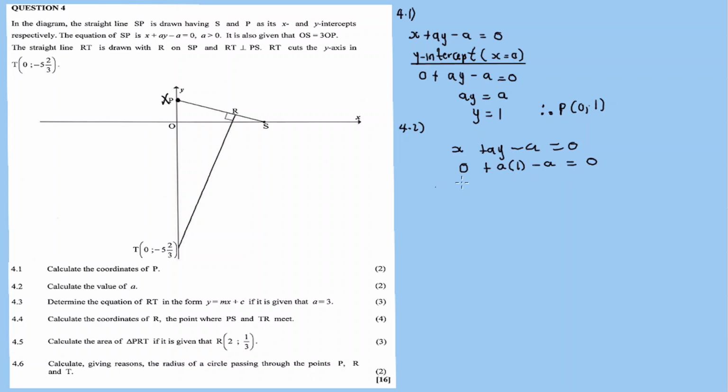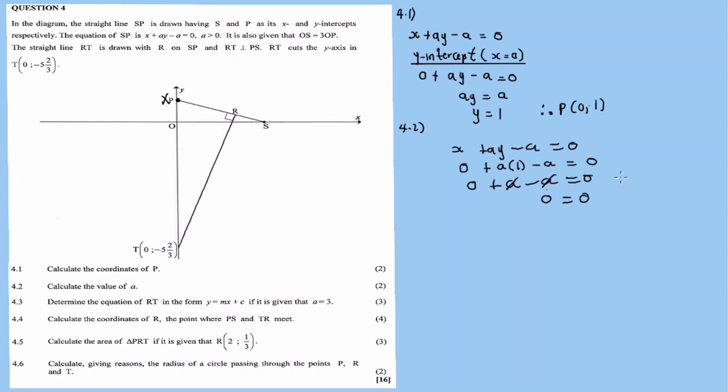So the answer here is 0 plus a minus a. See? So this cancels with this. The left becomes 0 and the right becomes 0. We're not using this point because it will give us 0. That's why I say we cannot use it at this point.